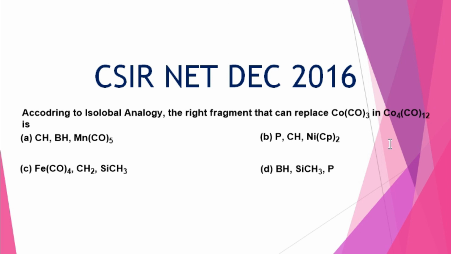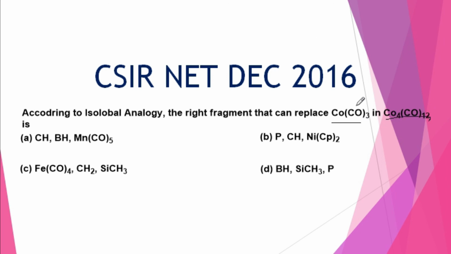So here we are asked the right fragment that can replace Co(CO)3, the cobalt carbonyl 3, in Co4(CO)12. So you can get confused about why two types of organometallic compounds have been used.